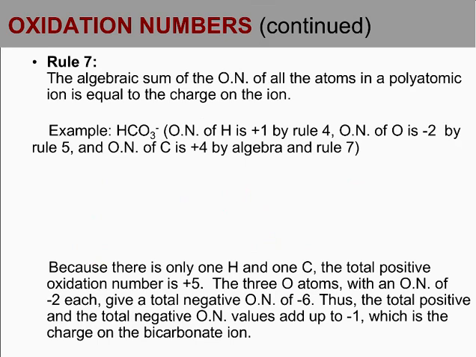So the next rule, rule number 7: the algebraic sum of the oxidation numbers of all the atoms in a polyatomic ion is equal to the charge on the ion. So for instance, if you have a polyatomic ion that has a positive charge or a negative charge, we want all of the oxidation numbers for each of the elements to add up to that charge.